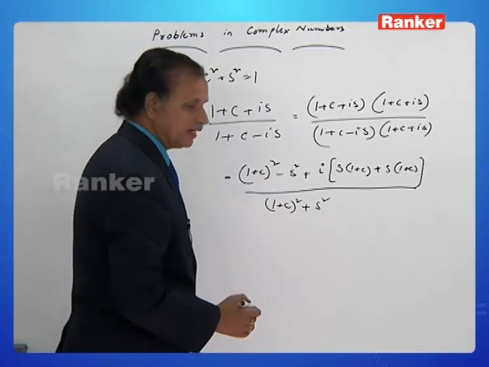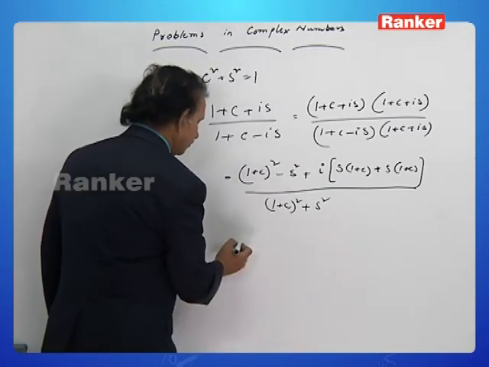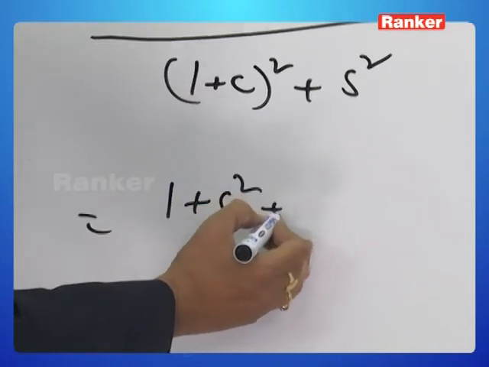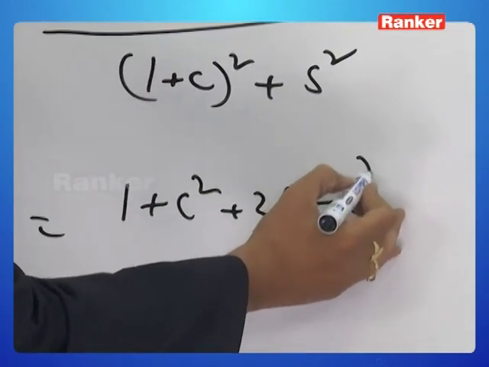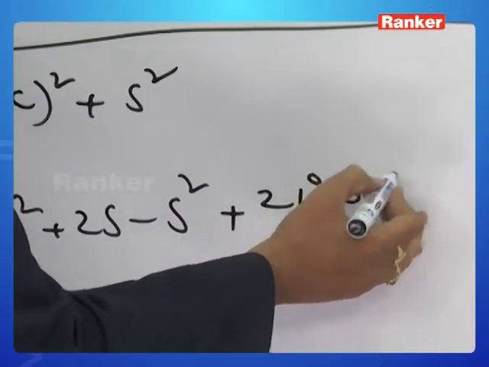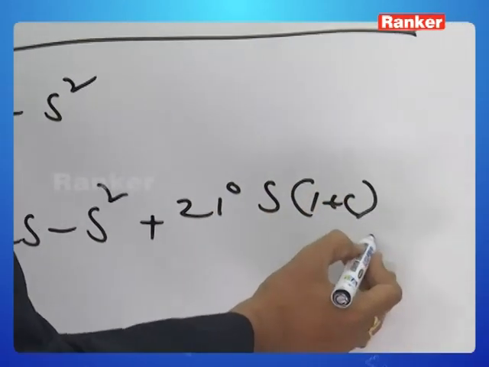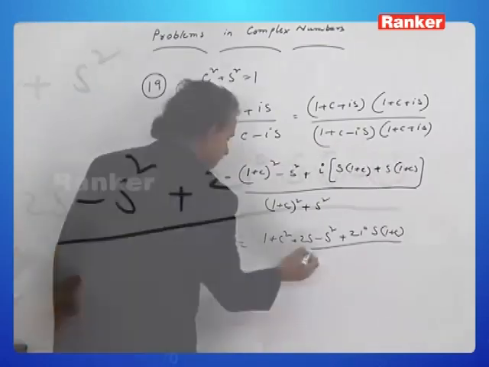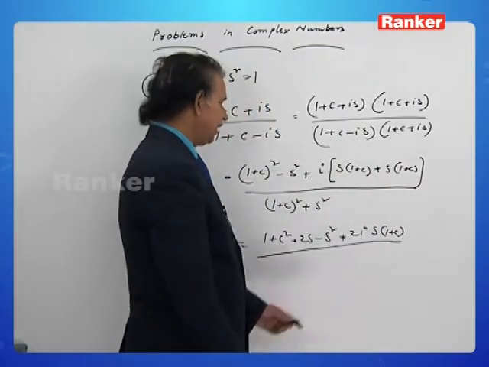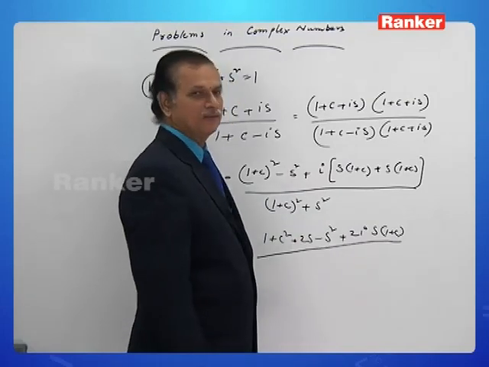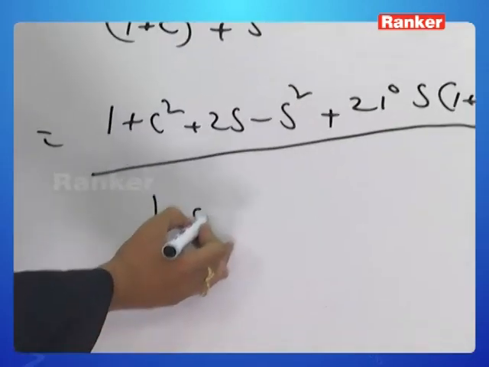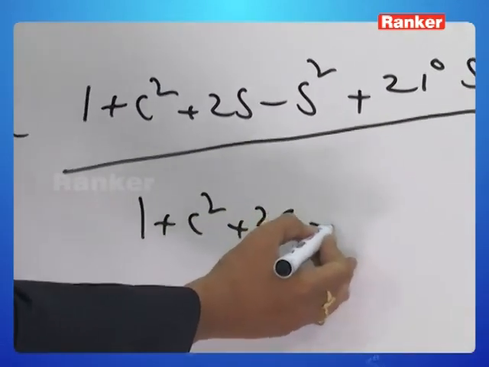Let us expand this. 1 plus c whole square, 1 plus c square plus 2c minus s square plus 2i into s into 1 plus c by, this is 2s into 1 plus c, isn't it? I have written 2 here, 2i into s into 1 plus c by 1 plus c square plus 2c plus s square.